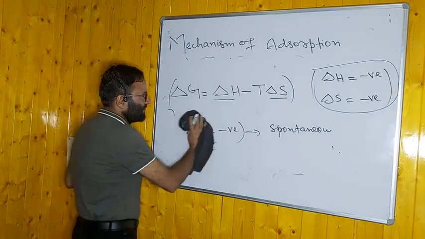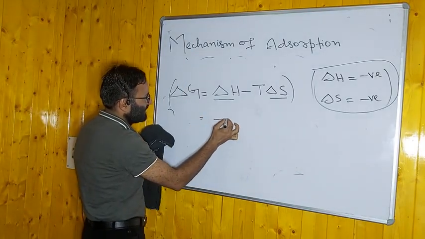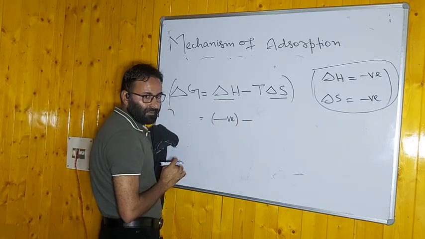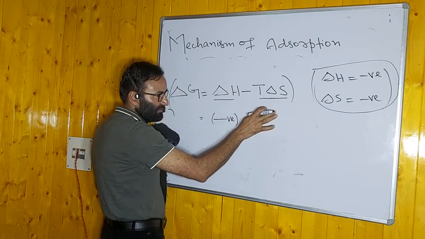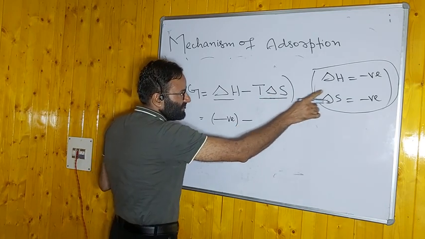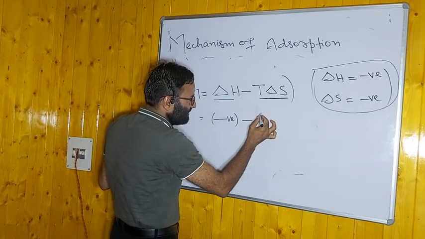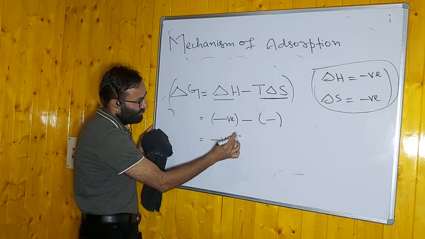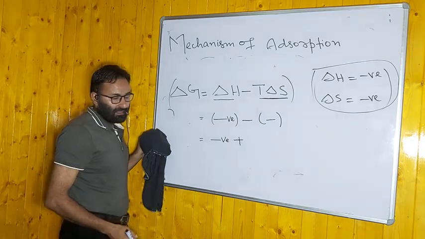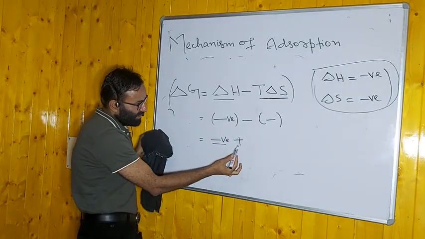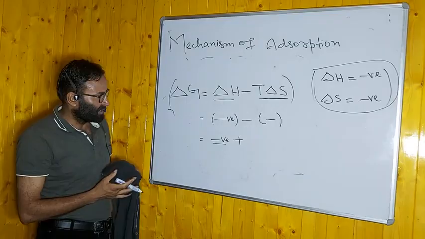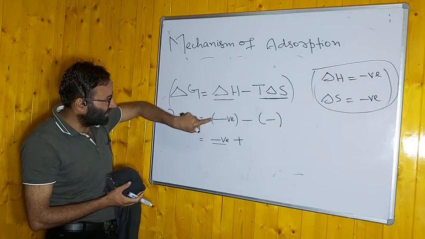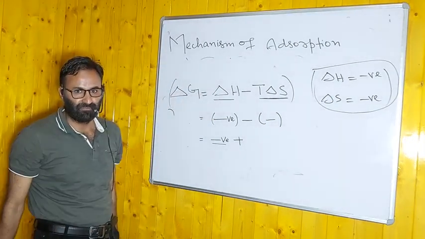Now you can consider T delta S. If delta S is also negative, this will be a negative term, and with the minus sign it becomes plus. Now the question arises whether minus will dominate or plus will dominate. For the negative value of delta G, the delta H part should dominate. I will give an example.